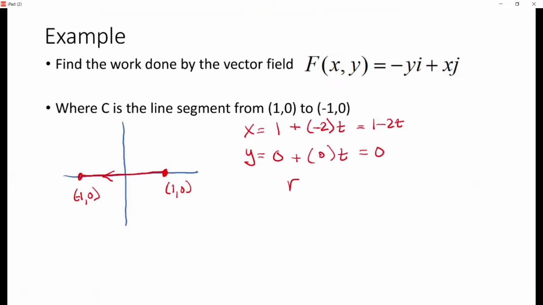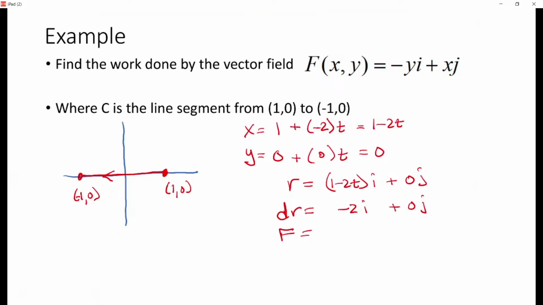Okay, so here is my vector function, 1 minus 2t plus 0j. I need dr and I need F in terms of t. So let's do dr. Lucas, what's the derivative of r? Yeah, just -2i. I'm going to put the 0j there just as a placeholder so that we remember about it, but it is 0.